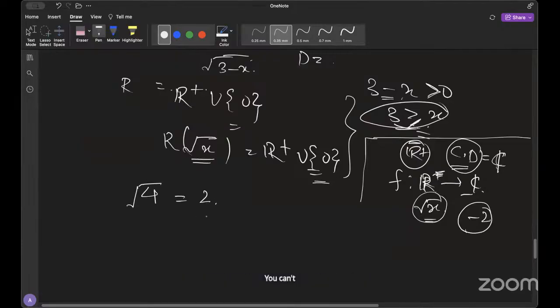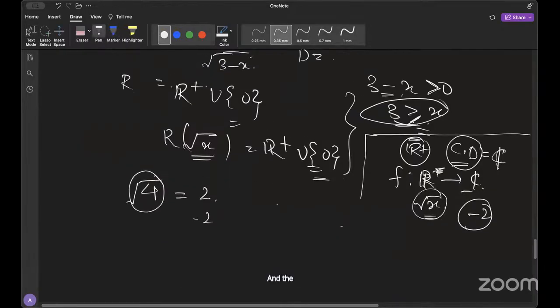You can't take a -2 here. That's how this function is defined. Though you do say that the square of -2 is 4, the square root of 4 is not -2. It's only 2. This function only gives you 2, it doesn't give you -2. Firstly, you need to know this.